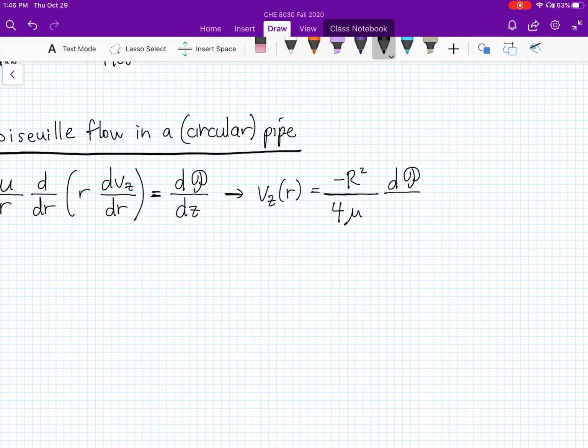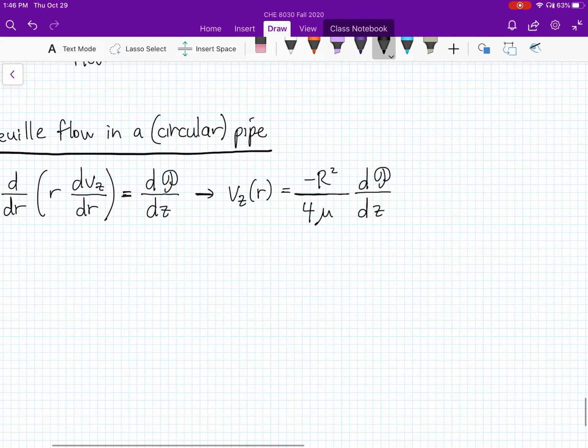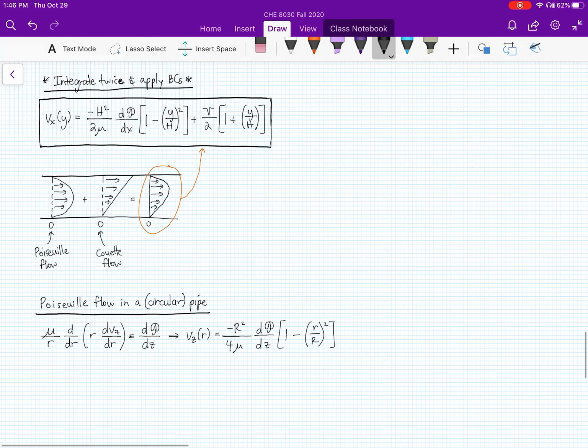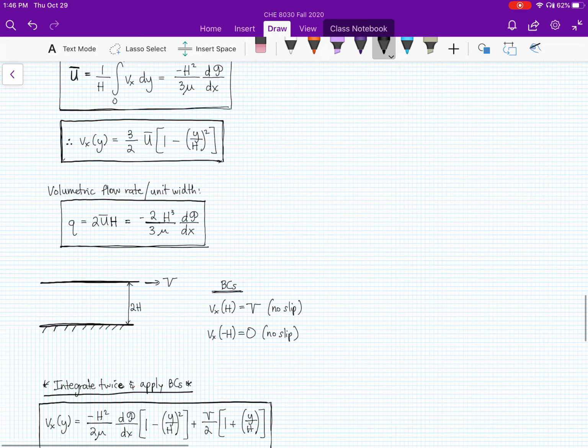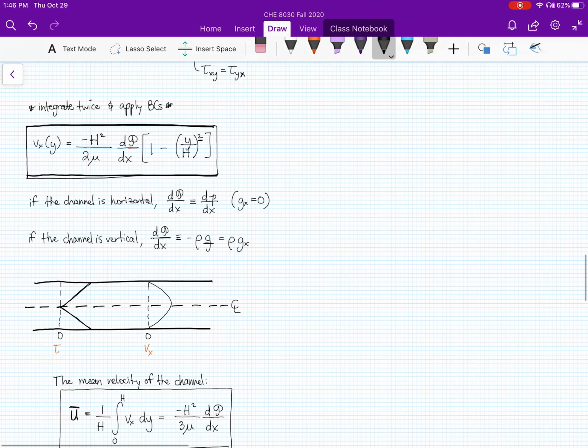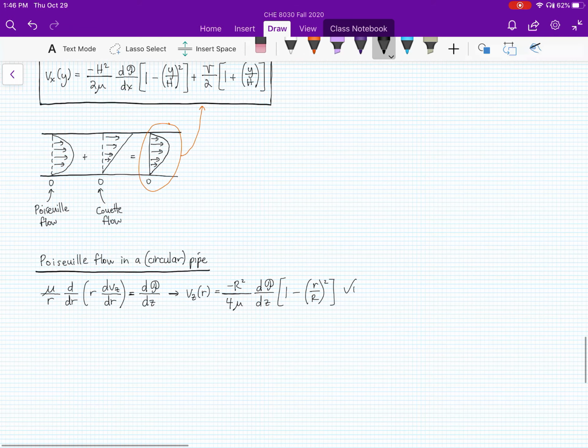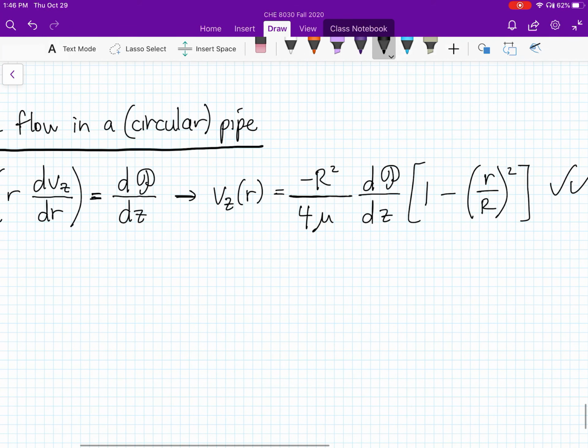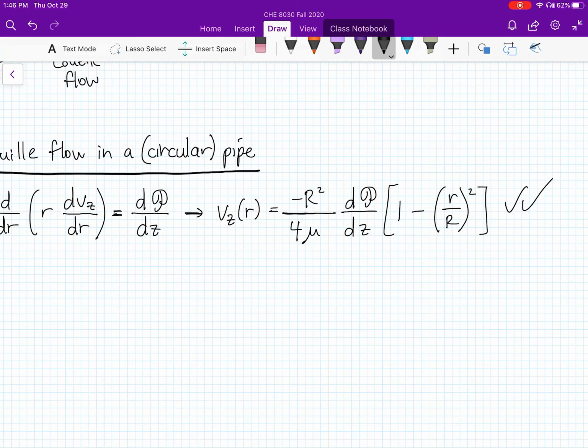We still have our pressure, dynamic pressure, driving force multiplied by 1 minus the ratio of r to the radius of the pipe squared. So hopefully you can see this equation for rectangular coordinates. My equation for flow in a circular pipe takes on an analogous form.